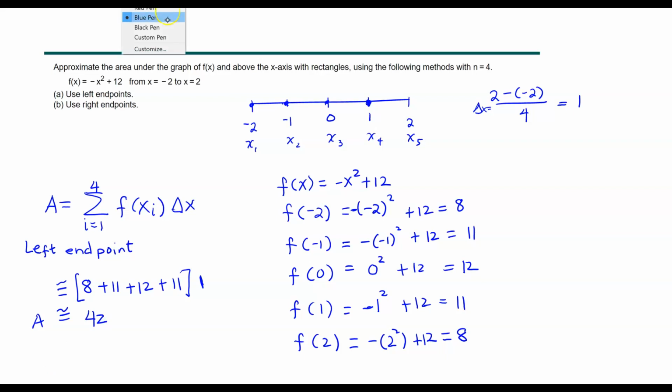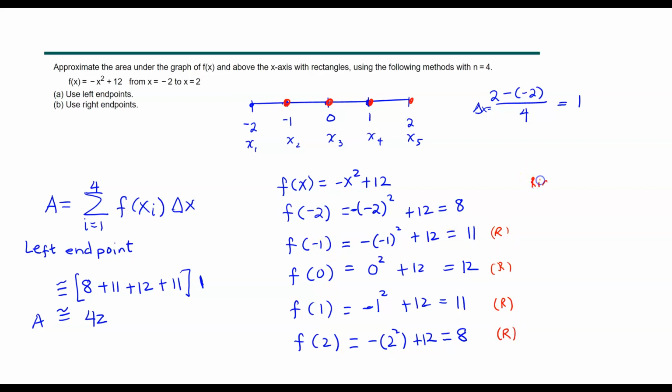Now for the right endpoint, these are the points, these are the right endpoints. So you are going to start at negative 1. So this would be for the right endpoints. I'll put R, right endpoints. So you start at negative 1 and you end at 2.